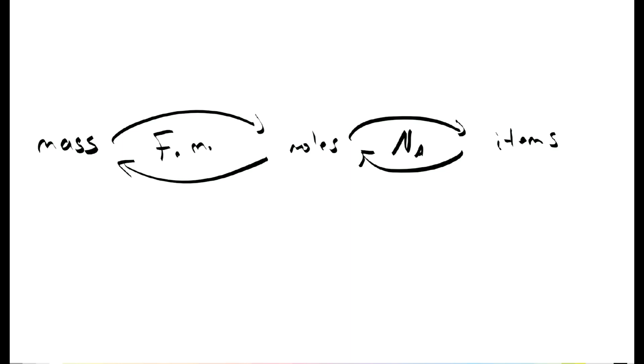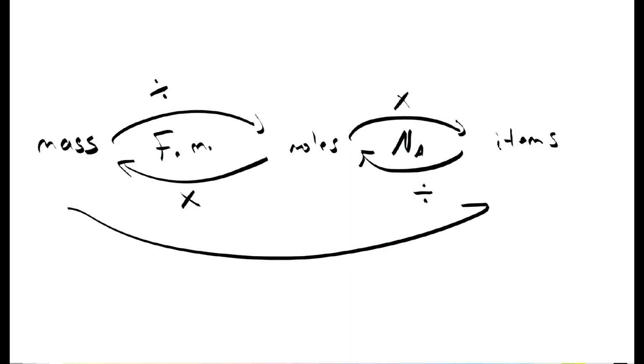The question is, you're going to divide in one direction, multiply in the other, and on the other side, it's reversed. Okay, mass divided by formula mass gets you moles. Moles times formula mass gets you mass. Moles times Avogadro's number gets you items. Items divided by Avogadro's number gets you moles.